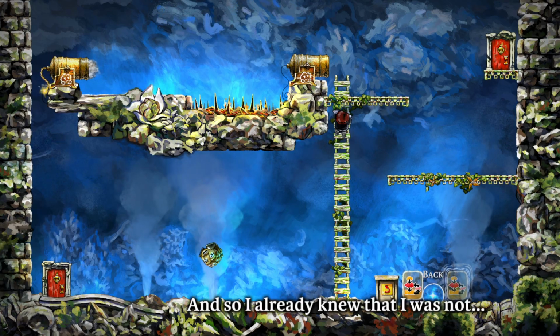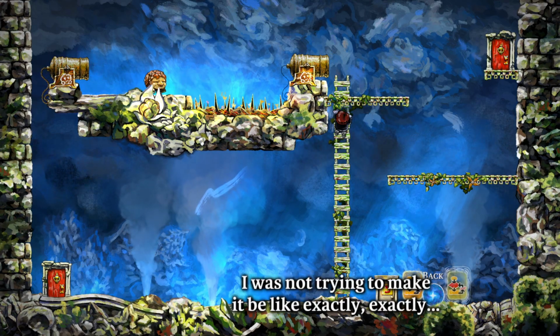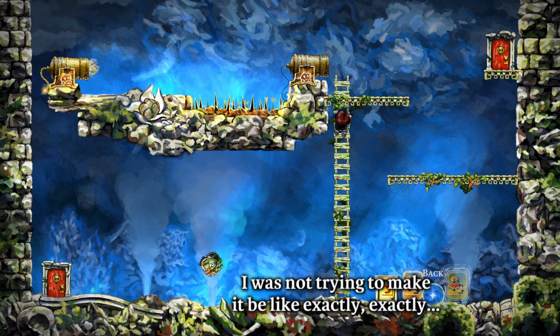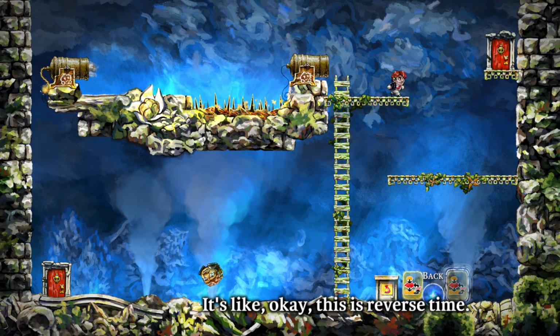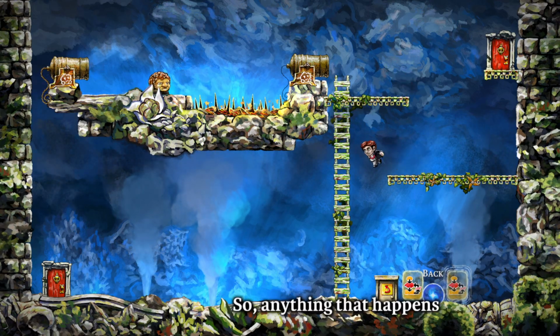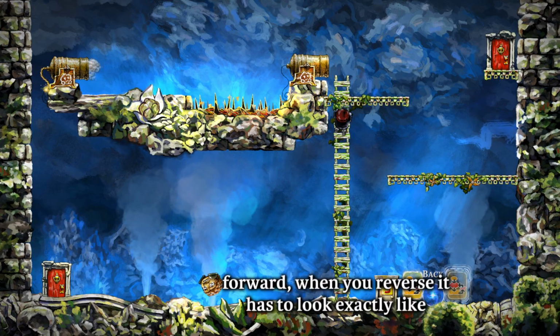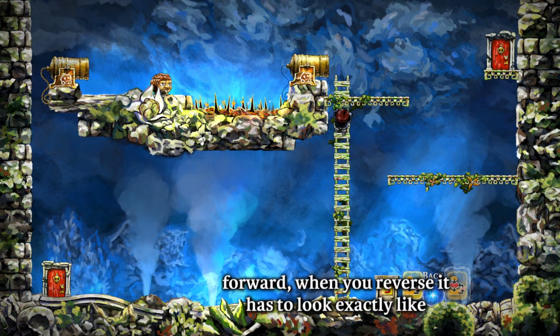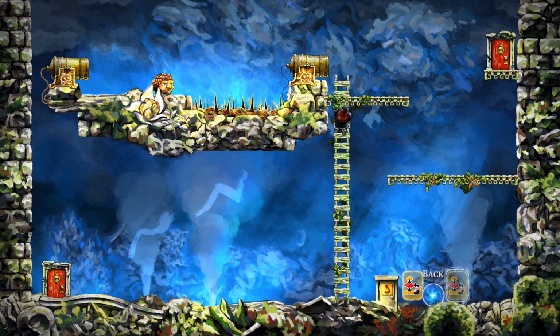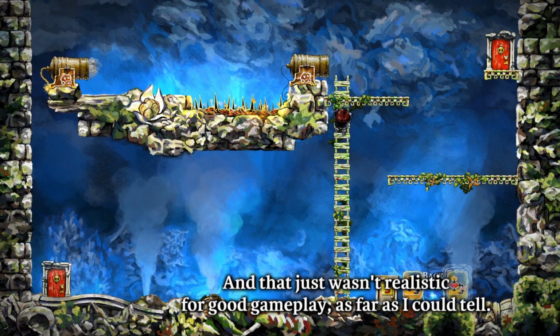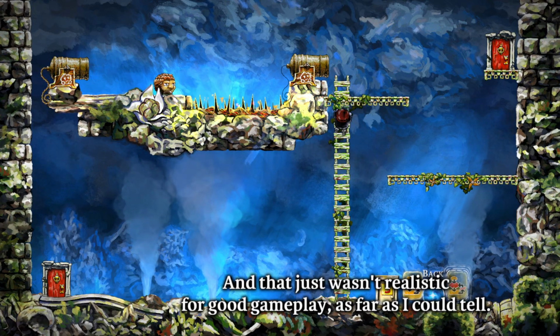So I already knew that I was not trying to make it exactly like you could imagine, where it's reverse time, so anything that happens forward, when you reverse it, has to look exactly like perfect gameplay that you already would have seen in the rest of the game. That just wasn't realistic for good gameplay as far as I could tell.